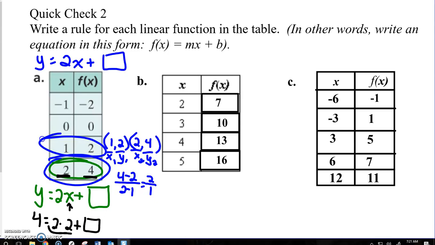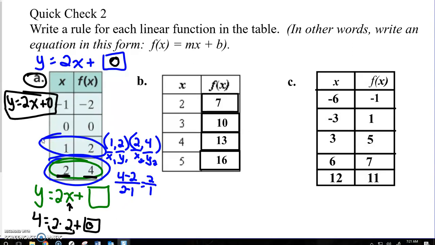Let's see, 2 times 2, that is 4. So my y-intercept is 0. I just answered my question. The equation for this problem is y equals 2x, or y equals 2x plus 0. If you haven't tried letter B, pause the video, try it, and then come back.